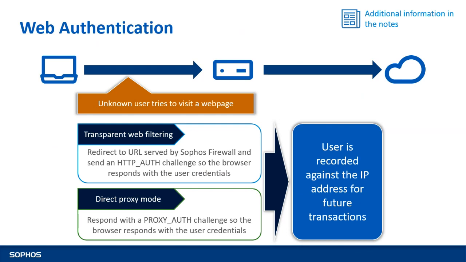And in the case of direct proxy mode, Sophos Firewall can respond with a proxy 407 challenge so that the browser responds with the user's credentials. In both cases, the user is recorded against the IP address for future transactions.